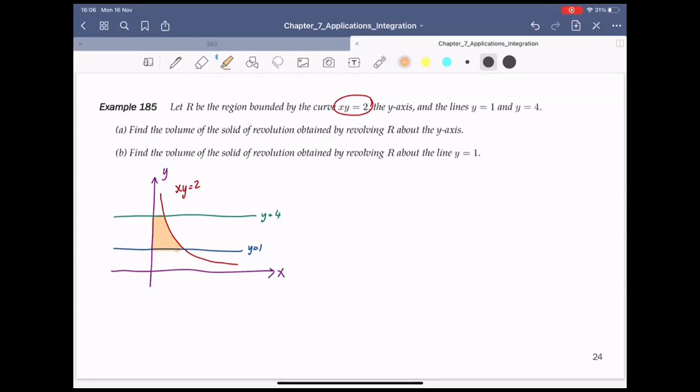This is the region R. So part A: find the volume of the solid obtained by revolving R about the y-axis. So the y-axis here is going to be your axis of rotation. So what is going to be your volume of the solid?